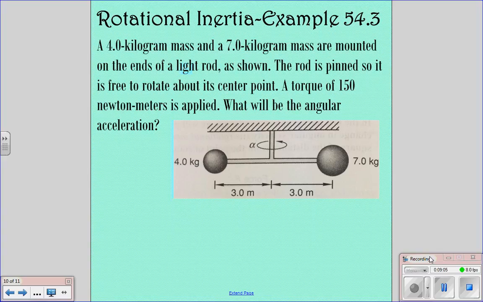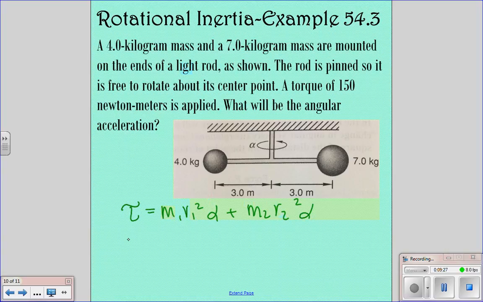Since they give us the total torque, we can go ahead and say one formula. The total torque is your M1 R1 squared and then the M2 R2 squared. This is the torque from the first mass, and this is the torque from the other mass.